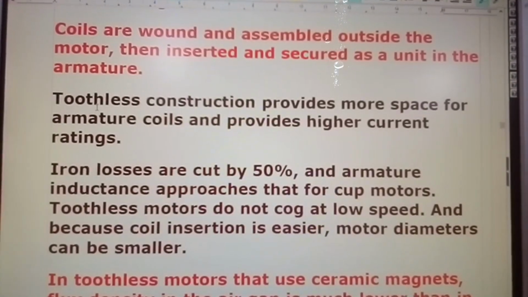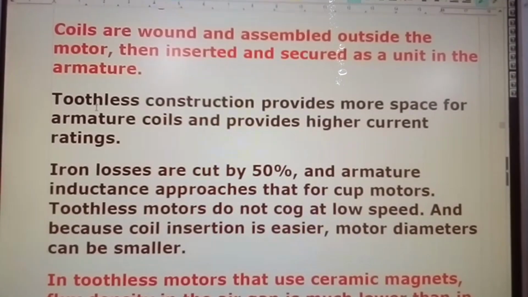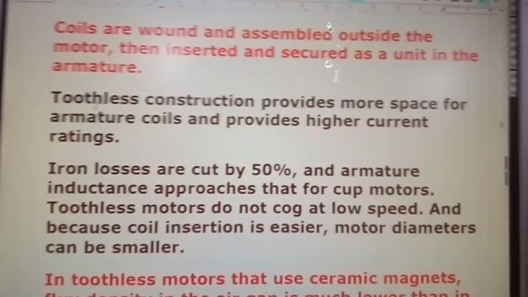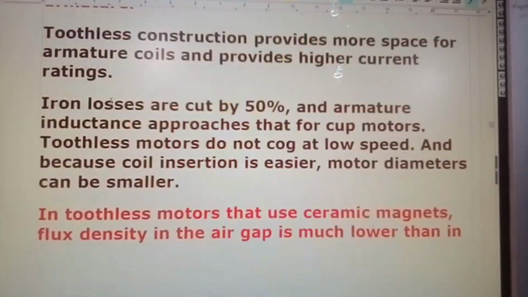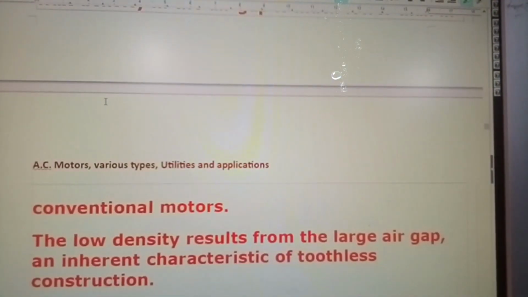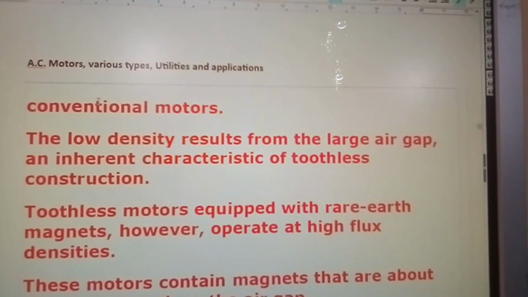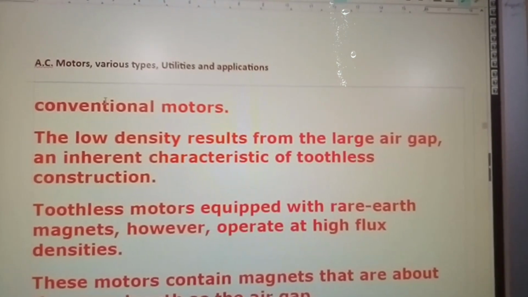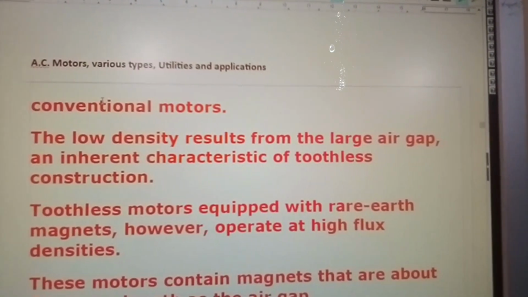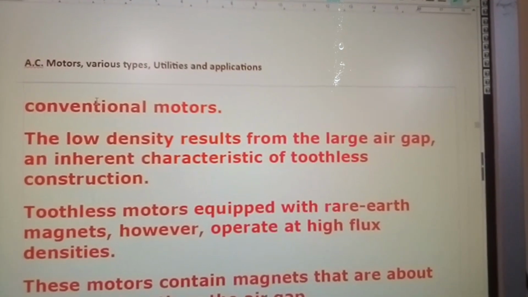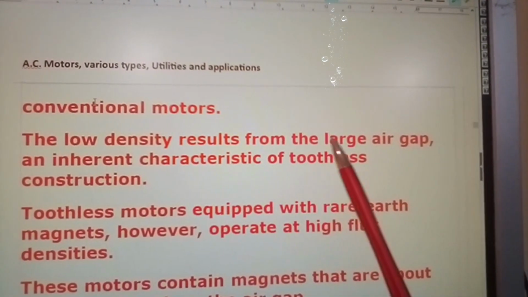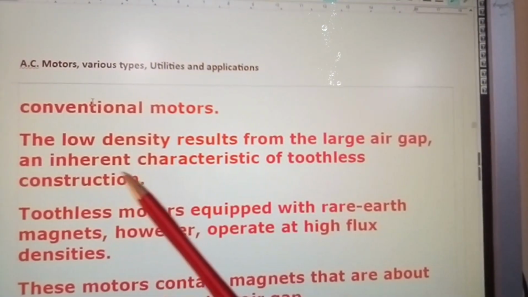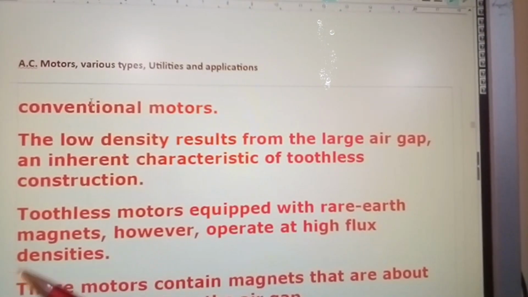In toothless motors that use ceramic magnets, flux density in the air gap is much lower than in conventional motors. The low density results from the large air gap, an inherent characteristic of toothless construction.